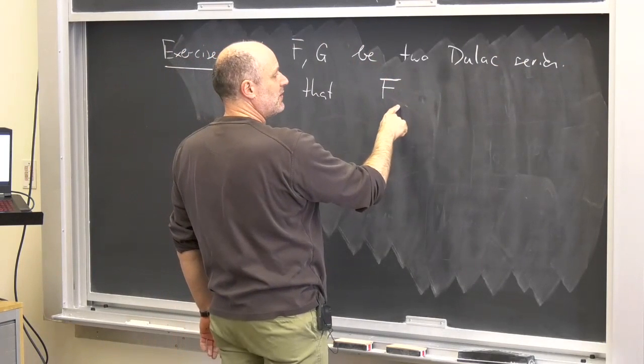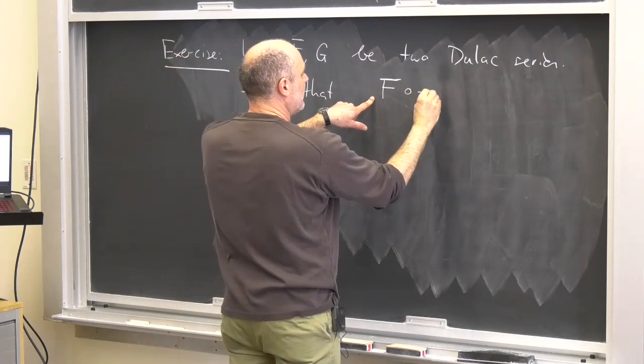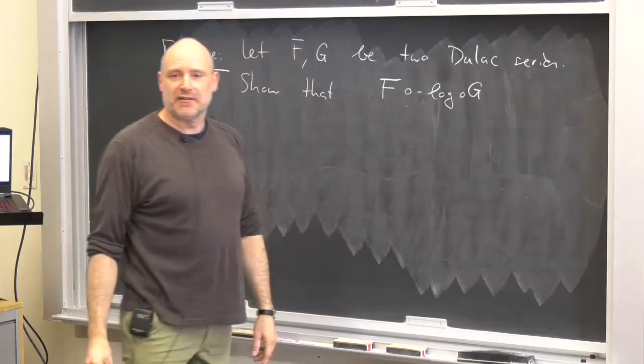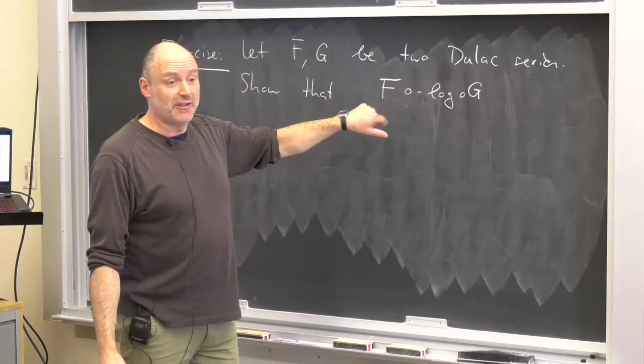You can compose F with minus log and then G, and you get another one. This is all possible in a transseries, but what you get is another Dulac series.